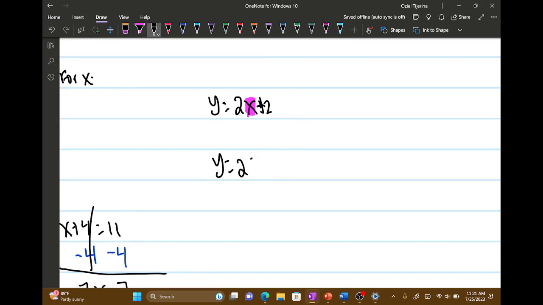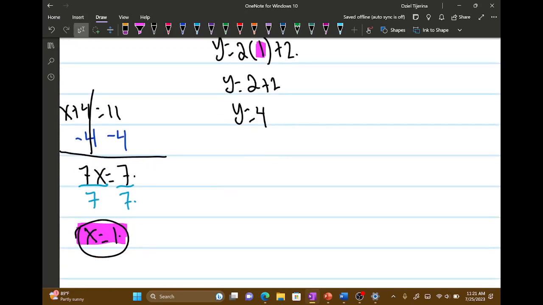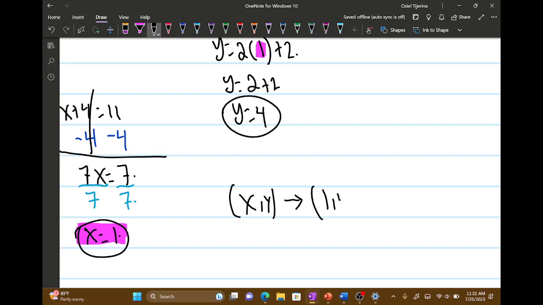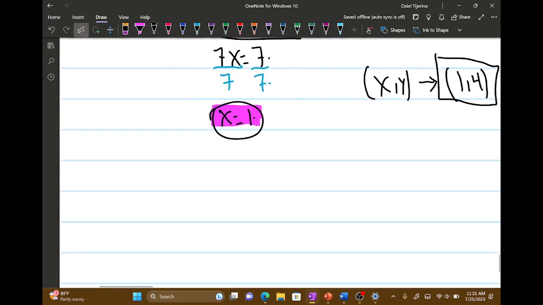So we have 2 times 1 plus 2, which is 2 plus 2, equal to 4. So x equals 1 and y equals 4. You want to put it as an ordered pair, x comma y, which is 1 comma 4. This is our answer for this one.